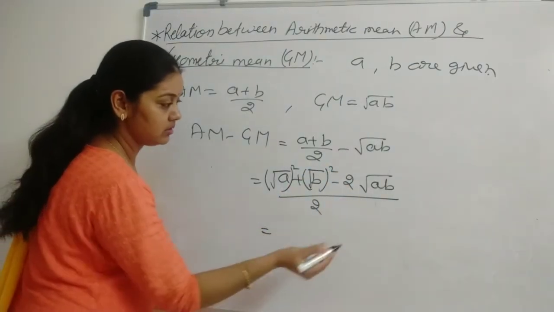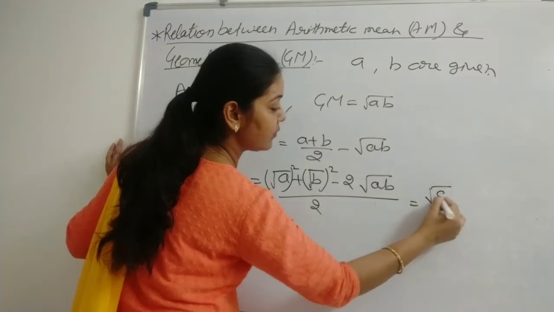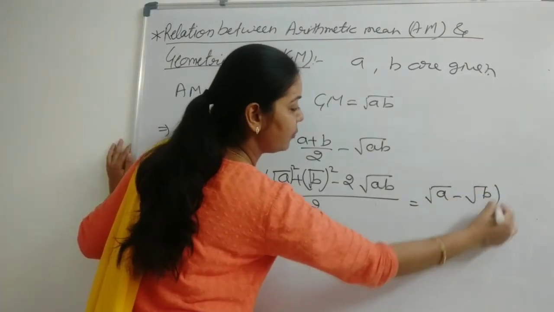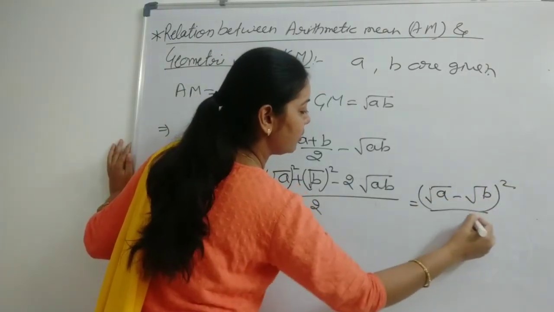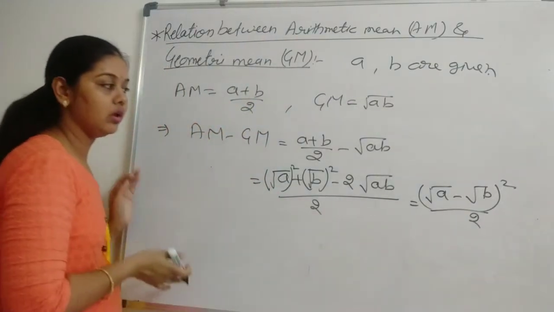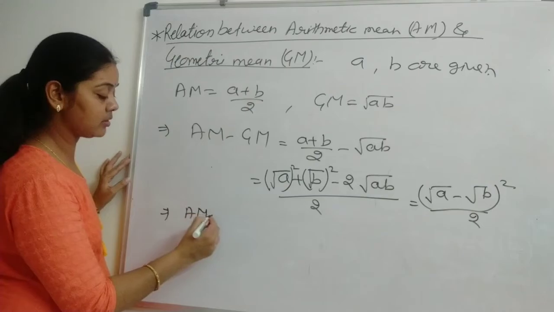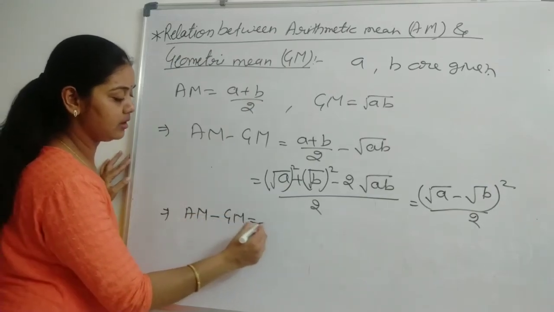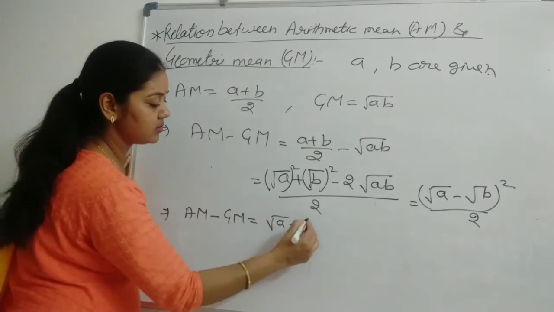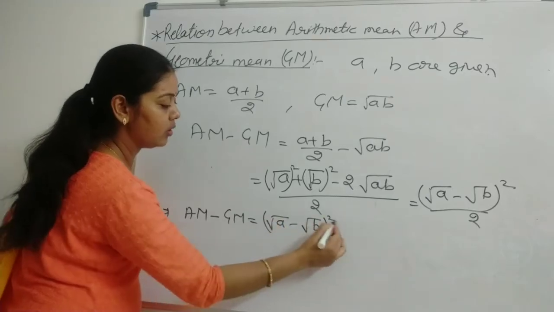It means root of a minus root of b whole square upon 2. It means I can write that arithmetic mean minus geometric mean is (root of a minus root of b) whole square upon 2.